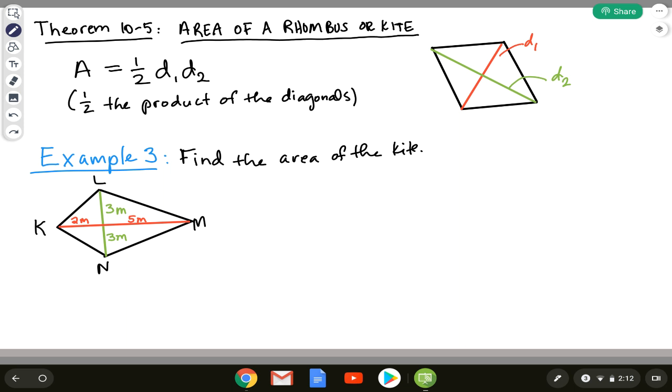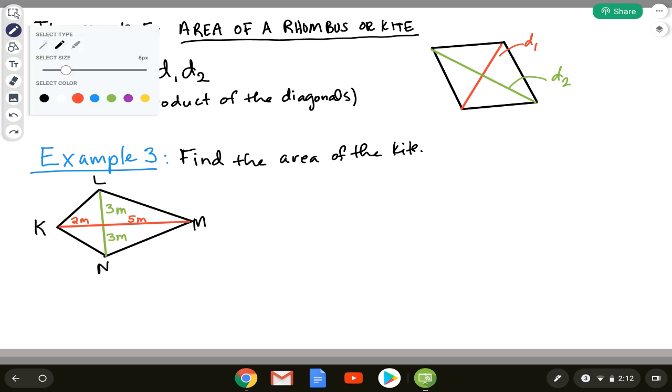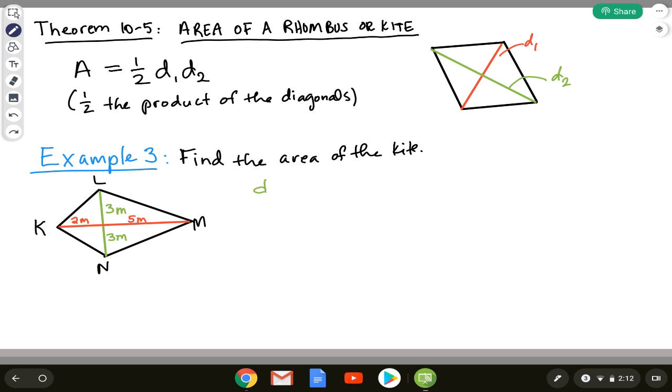Example 3 has a kite pictured, and they give me the lengths of the pieces of the diagonals, so I can figure out that the diagonal that's green is, we'll call it diagonal 2, just because I called it that in the picture above, is 3 meters plus 3 meters, which is 6 meters.